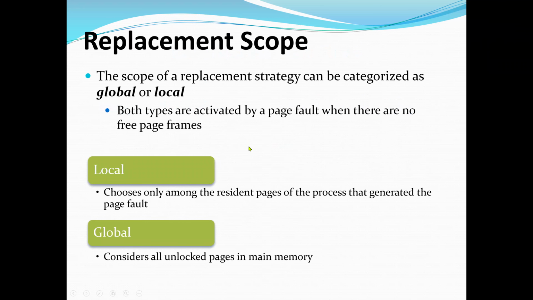So the next will be the replacement scope. The scope of a replacement strategy can be categorized as global or local. Local chooses only among the resident pages of the process that generated a page fault, and global will consider all the unlocked pages in main memory.